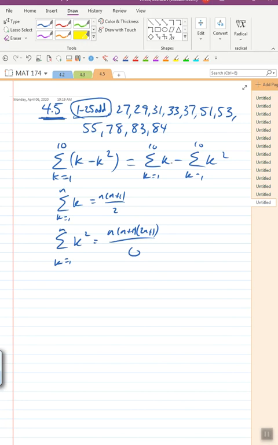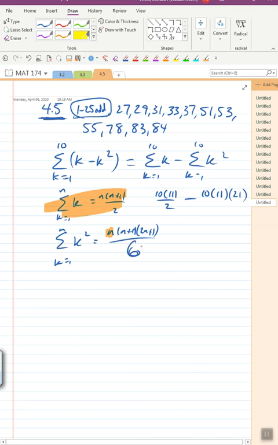What's the sum k equals 1 to 10 of k? It's 10 times 11 over 2. That's by this formula. Minus, what's the sum of the k squareds? Well, it's n, which is still 10, times n plus 1, which is 11, times 2n plus 1, which is 21, over 6, and then that's just the thing you can compute.